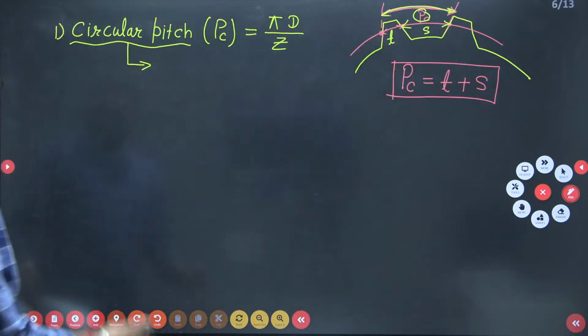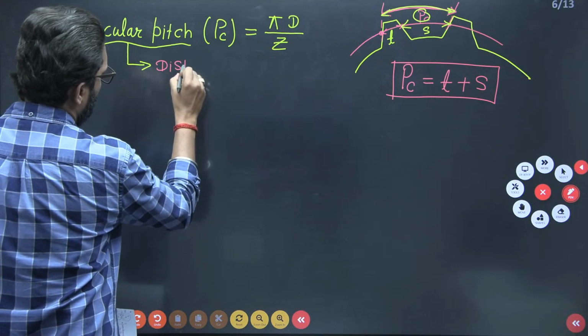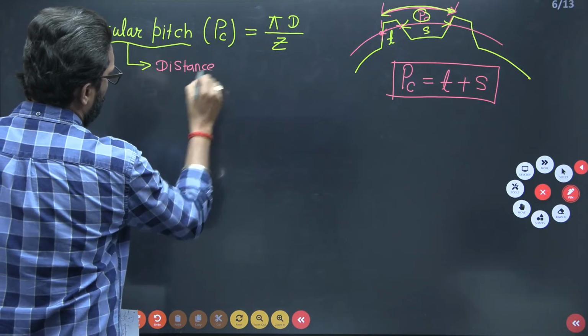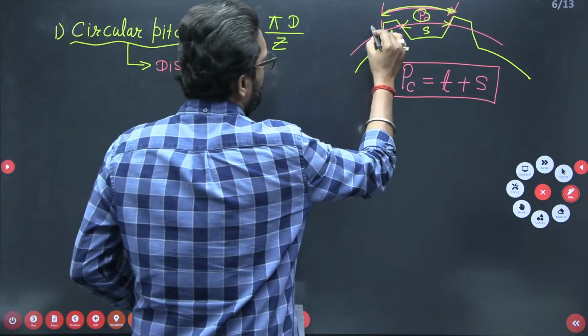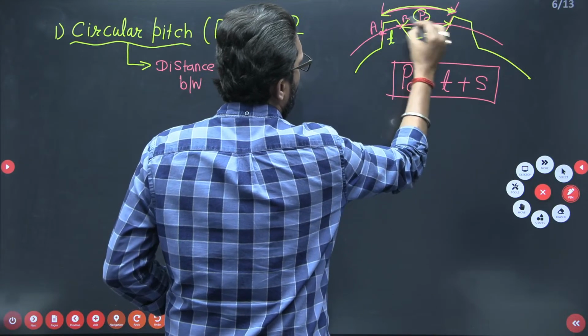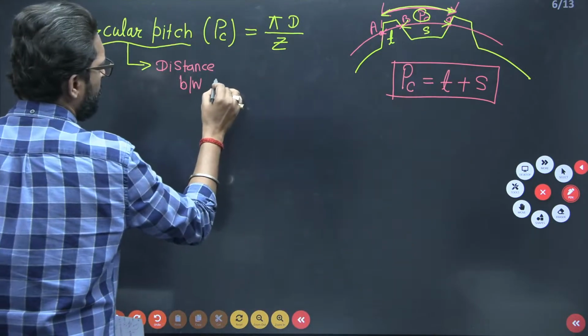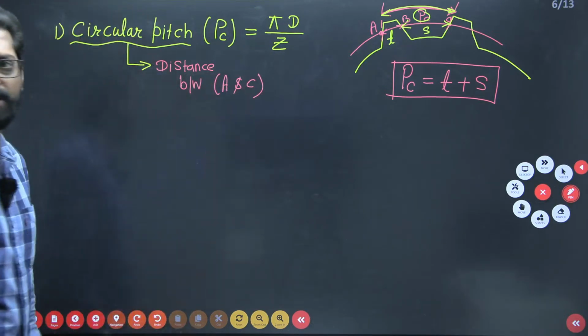Clear? So this is the distance between A and B, and this is the distance between A and C. This is your circular pitch.